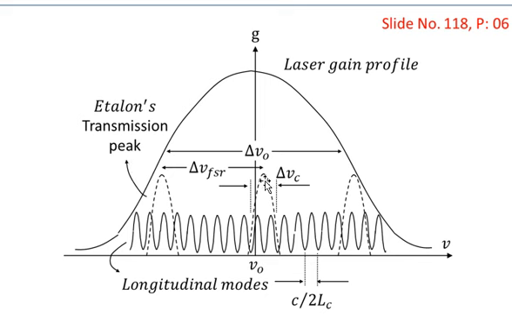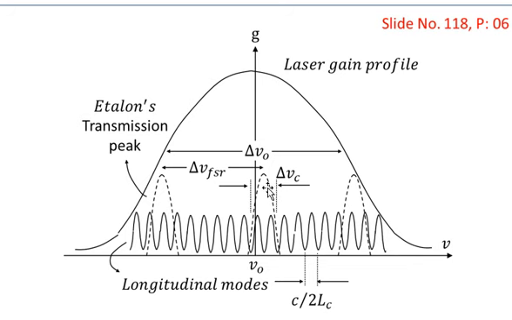So you see that one transmission peak I have shown over here is slightly deviated from the center of the laser gain profile, and of course the other two have also been shown. The width of this is the transmission peak of the Etalon. It means that if you are using an Etalon in a laser cavity, then only those longitudinal modes will be selected which lie under the width of delta nu c.